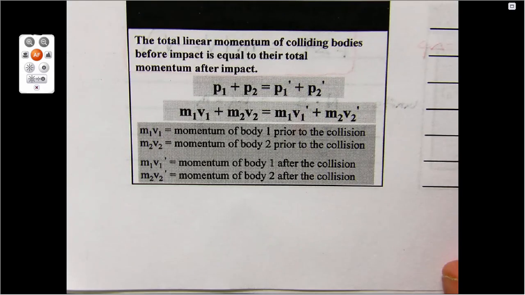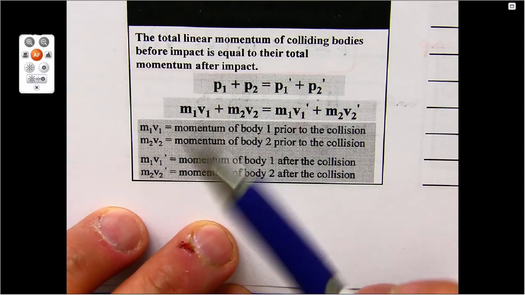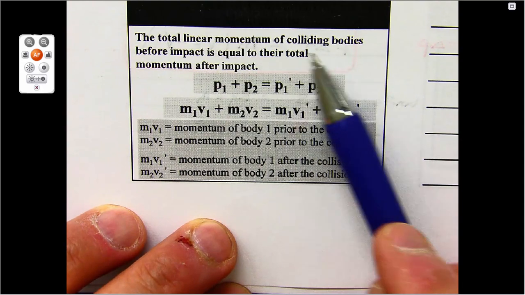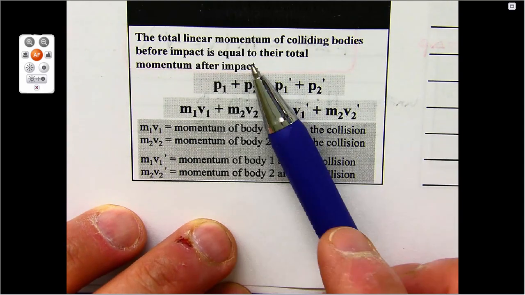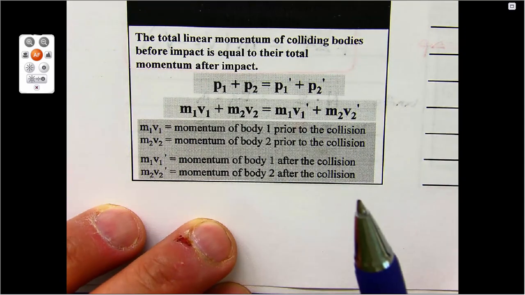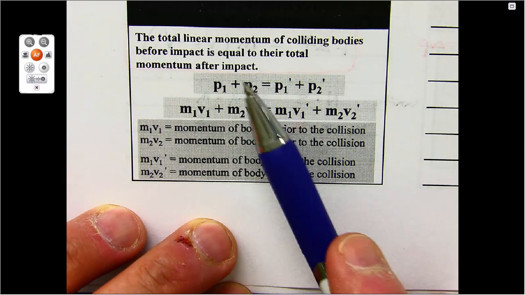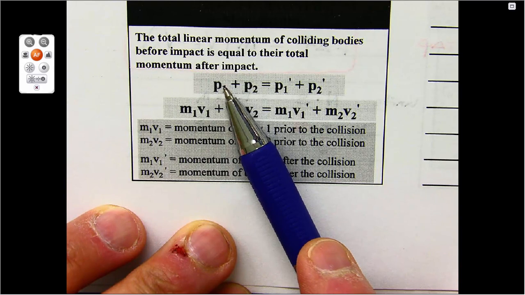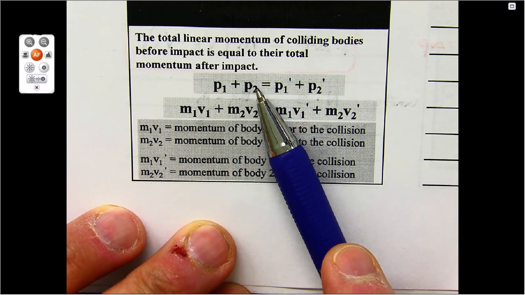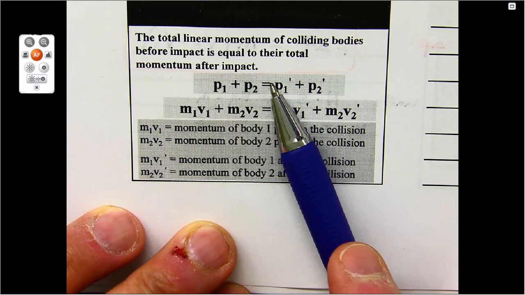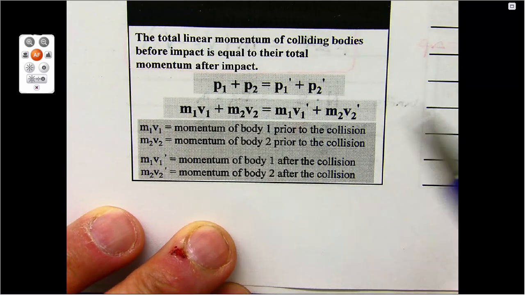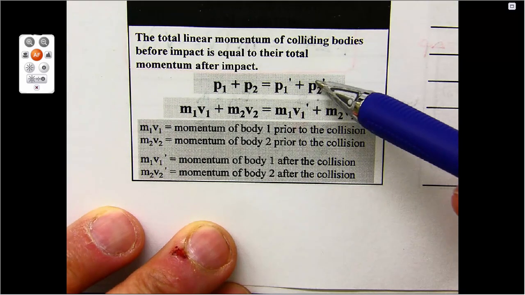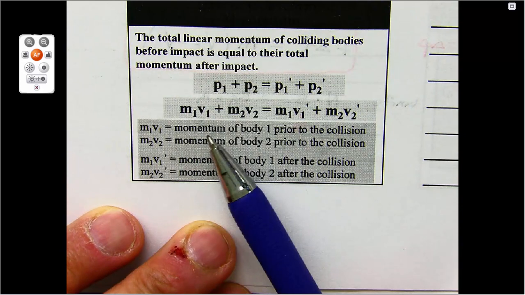The total linear momentum of colliding bodies before impact is equal to their total momentum after impact. So we had two masses on the air track. You'd have momentum 1, momentum 2. This is before impact. This is after impact. Okay?